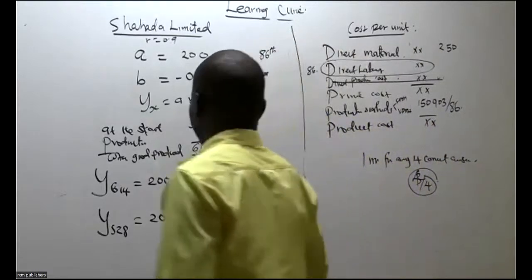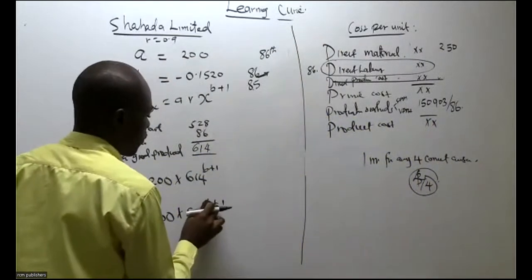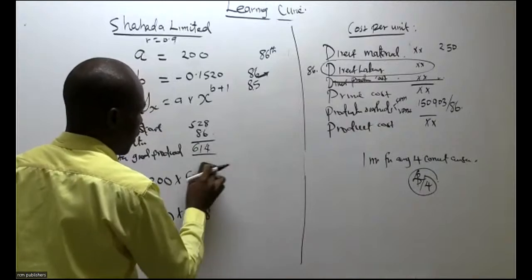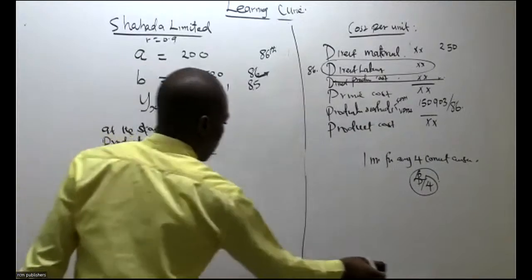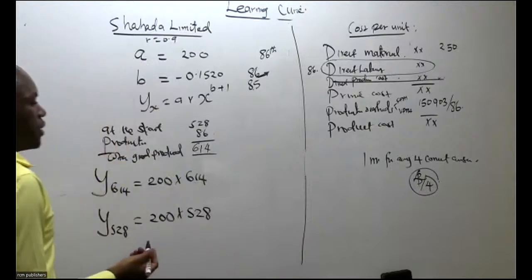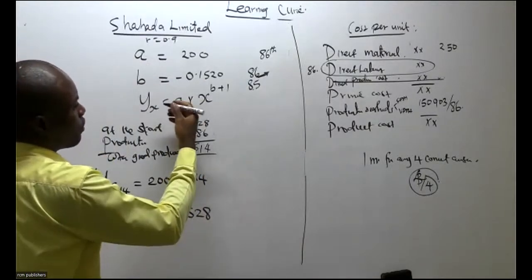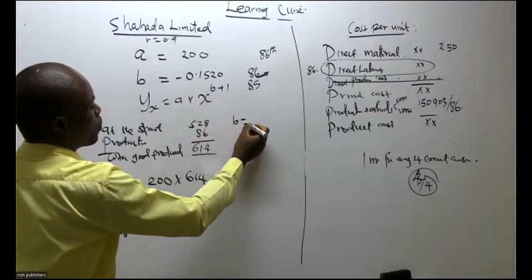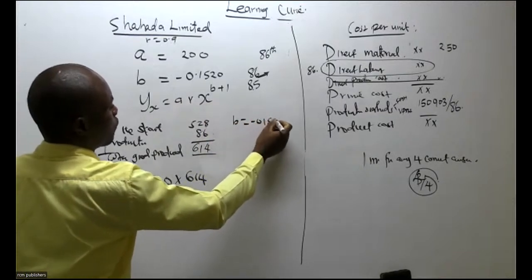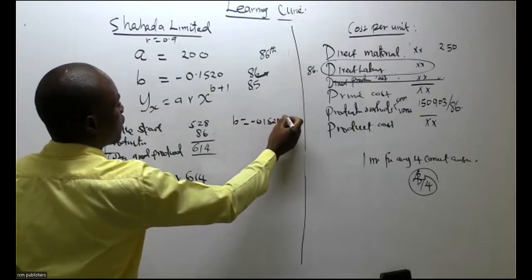Here, I know very well that b was already calculated up there. b is equal to negative 0.1520, but we have said it is b plus 1.